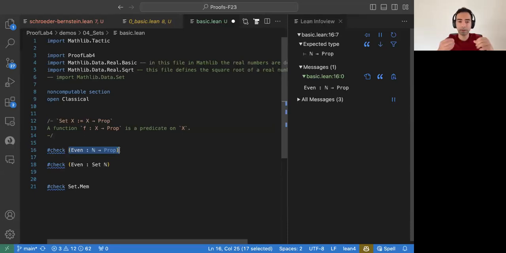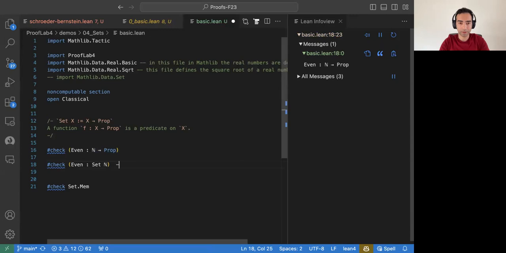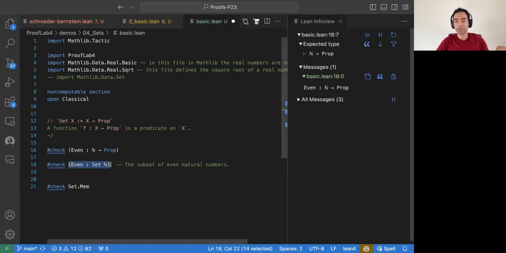So I want to form here the subset of even natural numbers. This means I want to look at all natural numbers and select only those which are even and put them somewhere in some type. And this is how I do that. So Set N essentially means a subset of natural numbers.